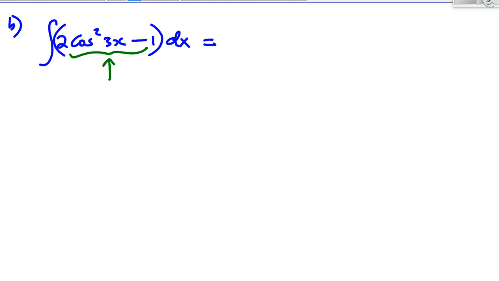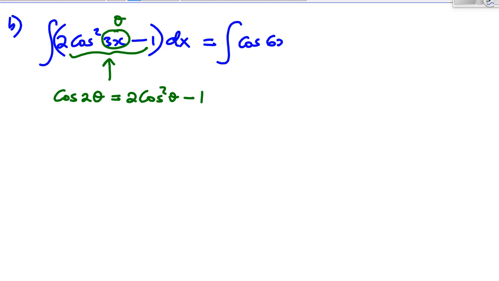Now we know that cosine 2 theta is equal to, and this is available in our formula booklets, so using that identity, we can simplify this expression inside our bracket. This here is basically our theta, which means 2 theta will be 6x. So this is the same as the integral of cos 6x dx.